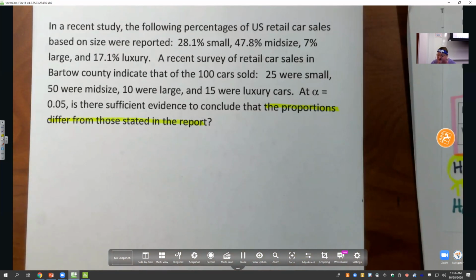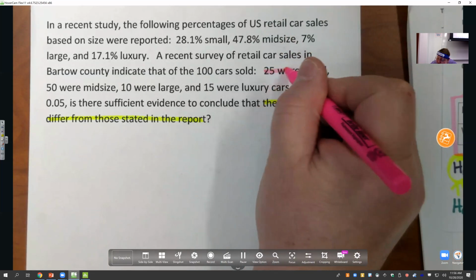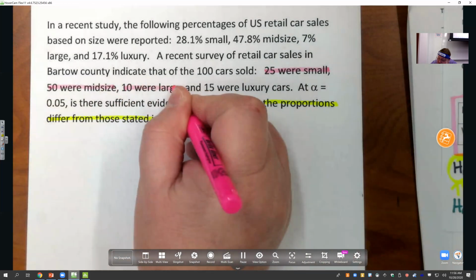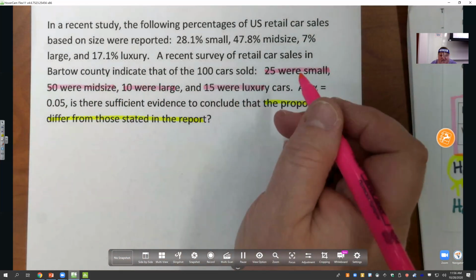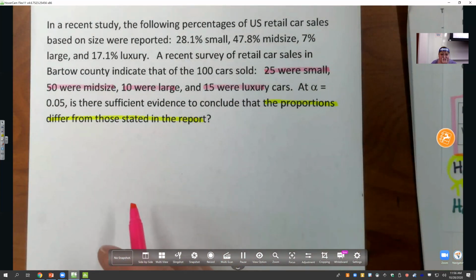Now, this one looks a little bit different because it doesn't outright give you the table of information, but it does give you that information, and we could convert it to a table because it tells us we sold 25 small cars, 50 mid-size, 10 large, and 15 luxury. So if you wanted to set up a table, you could do that.